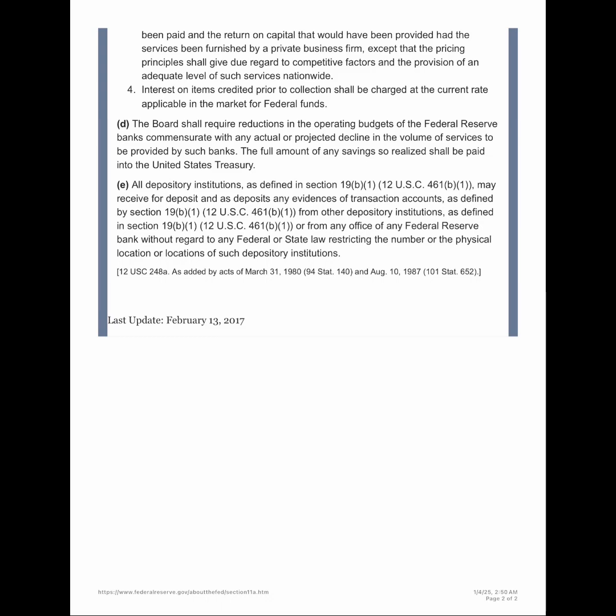It's a delicate balance. Let's talk about the specific services covered under this pricing scheme. The list is quite comprehensive. Indeed. It includes currency and coin services, check clearing, wire transfers, ACH services, settlement services, securities safekeeping, and even Federal Reserve float.